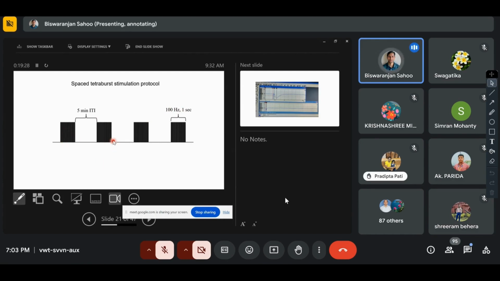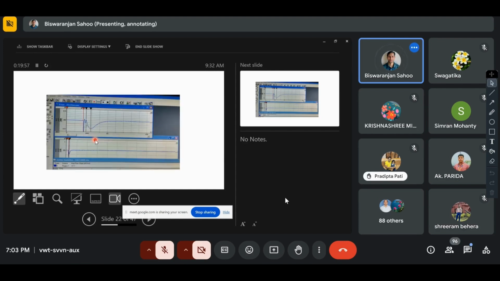There are 4 tetanus, each consisting of 100 stimulations, with a 5-minute interval between them. So the stimulation protocol takes 20 minutes, and after that we see the response.